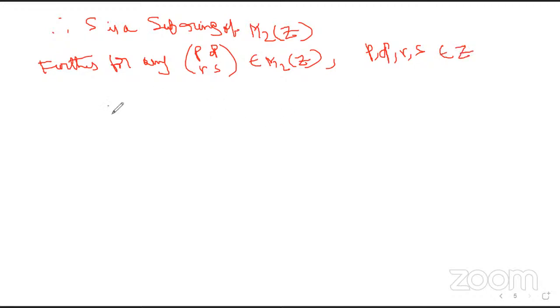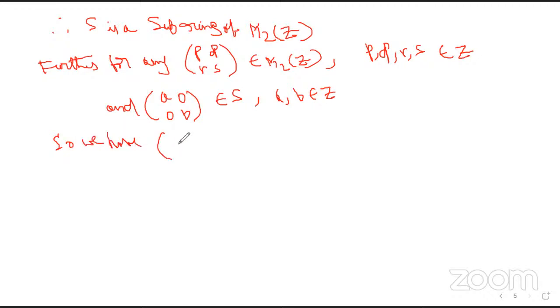And A0, 0B belongs to S, where A, B belong to Z. So we have PQ RS into A0 0B.